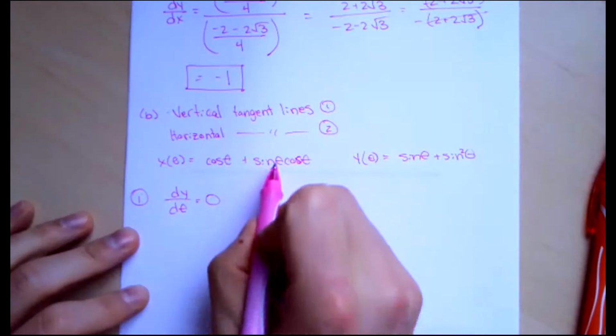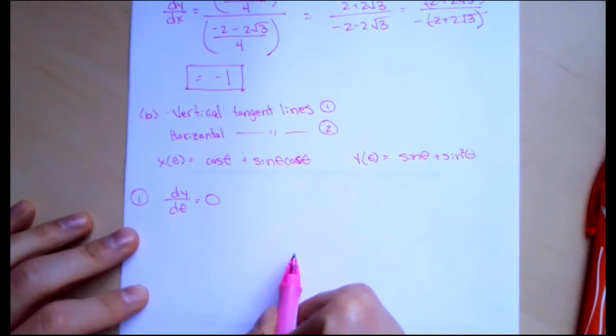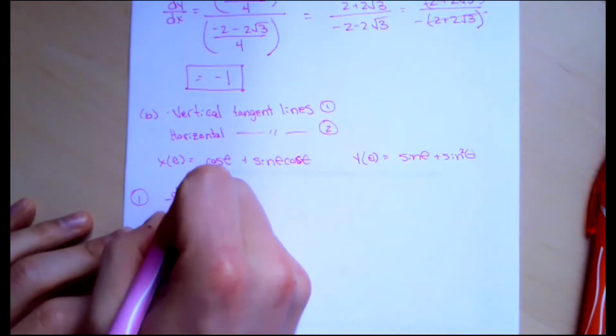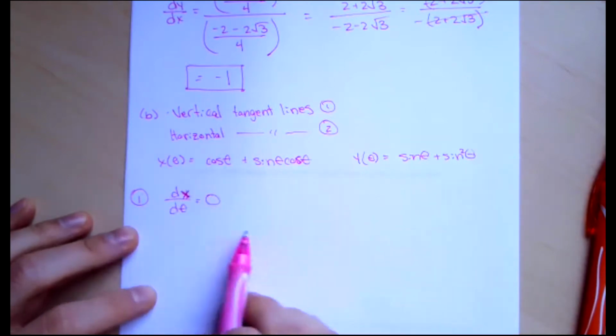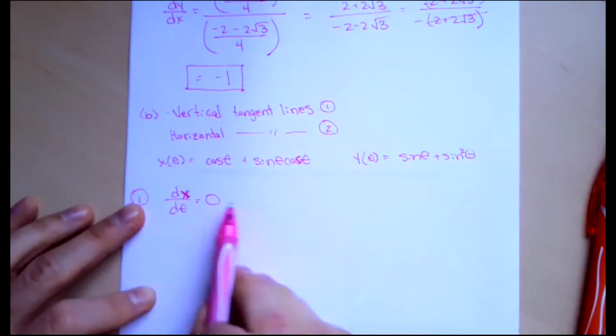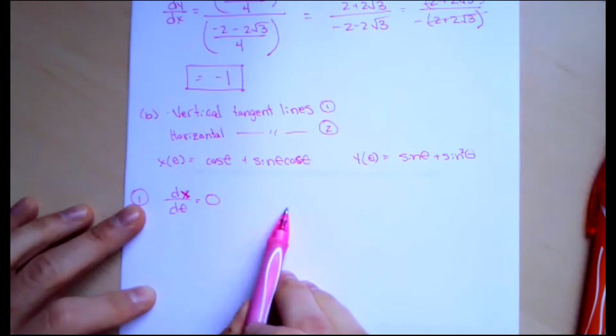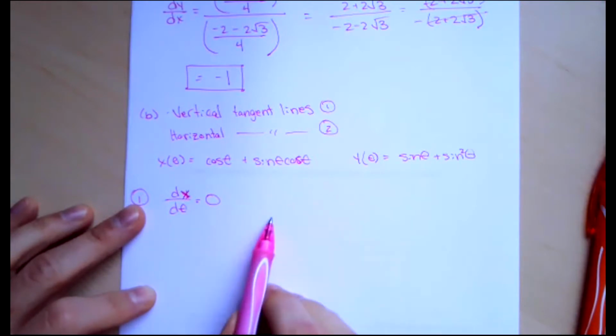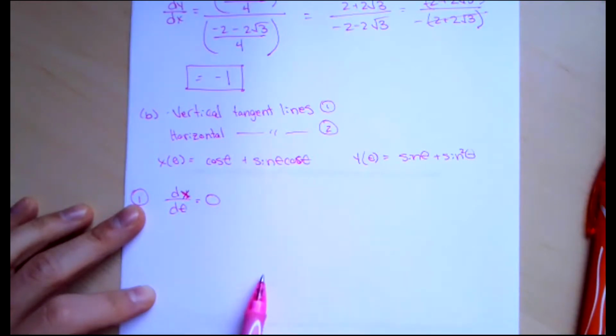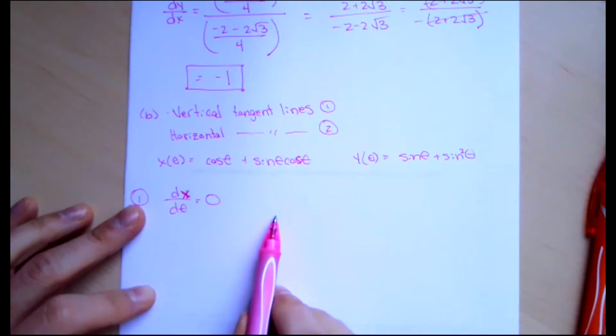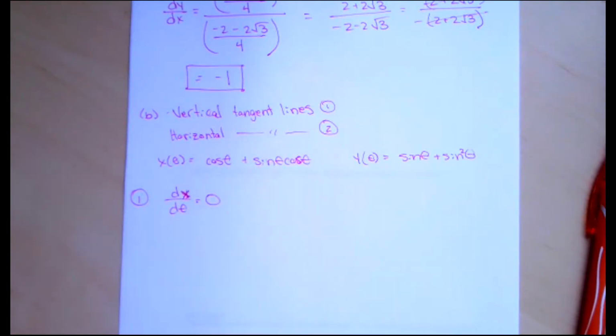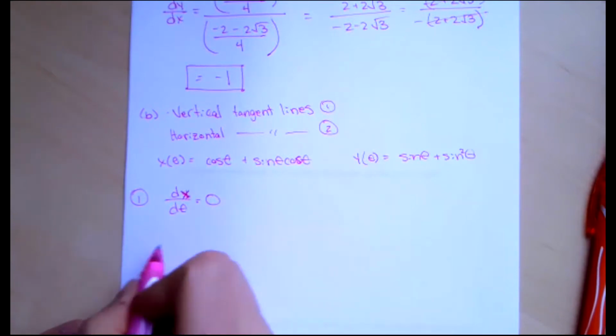I'm drawing it and getting my geometry backwards today. If my x-coordinate is not changing at all, I'm just going vertically. I can only go vertically. So for our vertical tangent lines, dx d theta is 0. We just take our dx d theta and solve that equation.